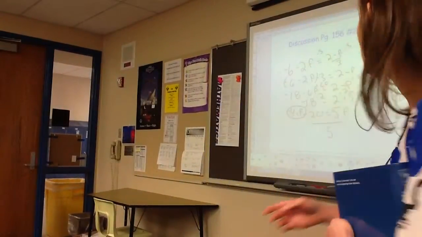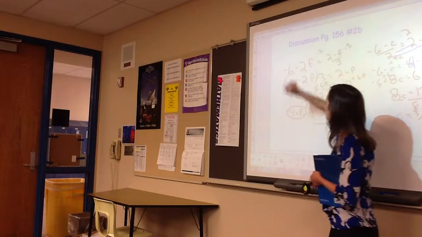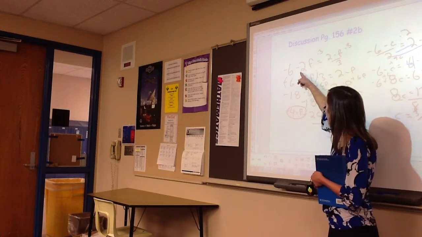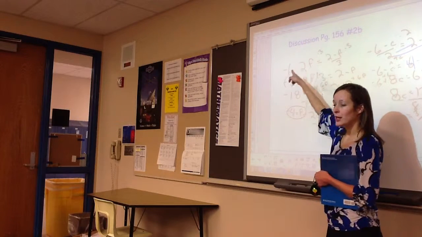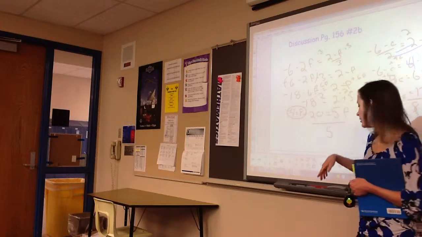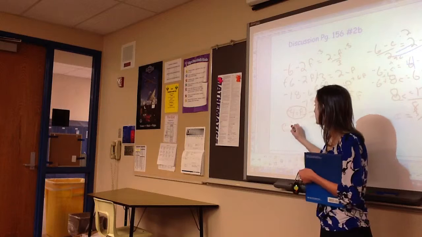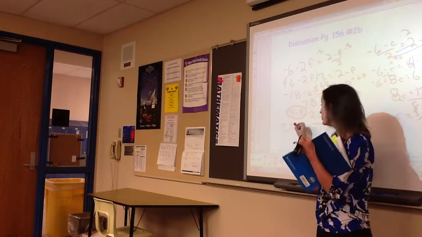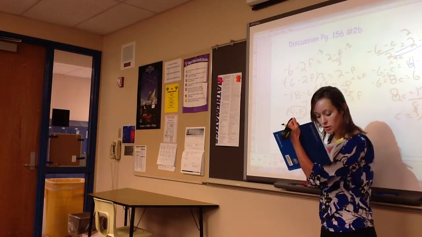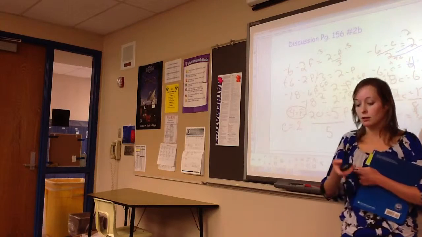Oh, so you could plug into one of these equations? Yeah. So negative 6 minus 2 times negative 4. And what do you get for c? 2? Okay. Questions on that? All right.